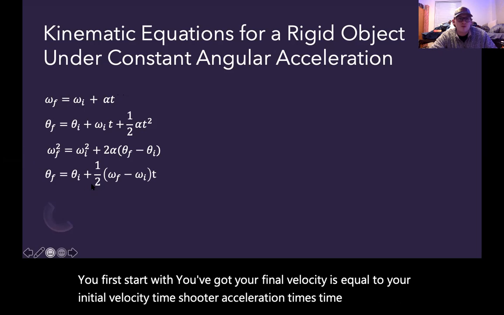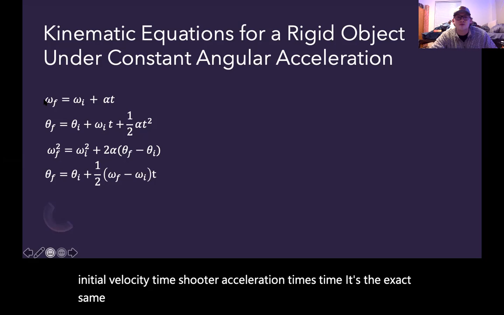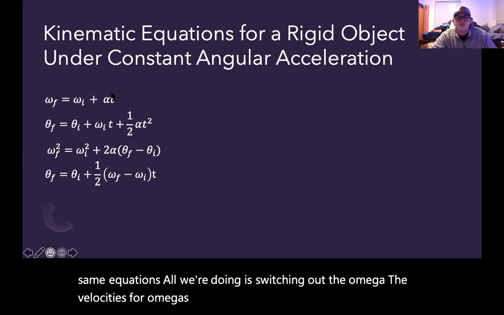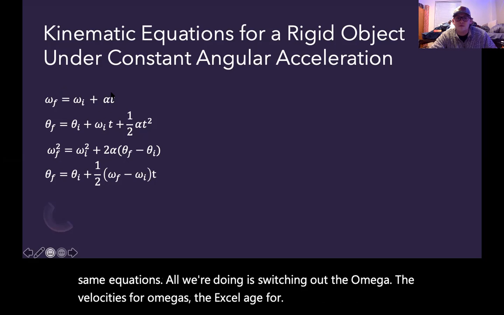It's the exact same equations. All we're doing is switching out the velocities for omegas, the a's for alphas, and the x or y positions for theta.